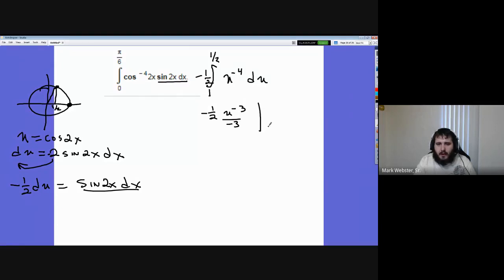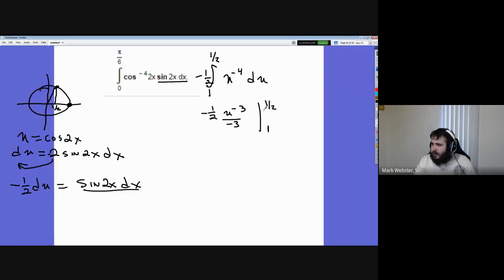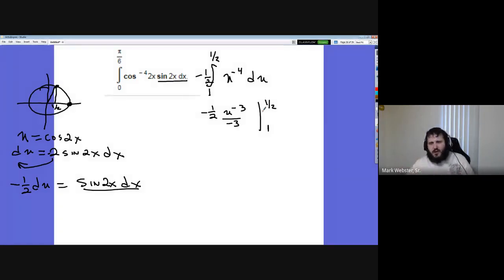And I'm going to go from 1 to 1/2. Now, if that looks silly, it's like, oh, I'm going from a bigger number to a smaller number. Remember, you're allowed to flip the limits if you change a sign. So if you throw yet another negative sign onto that pile, you can switch the limits. But it doesn't matter. You will get the exact same answer regardless.